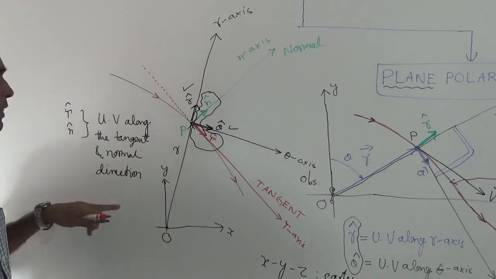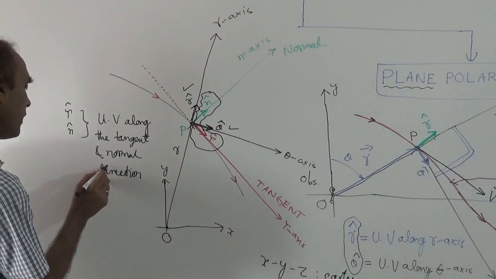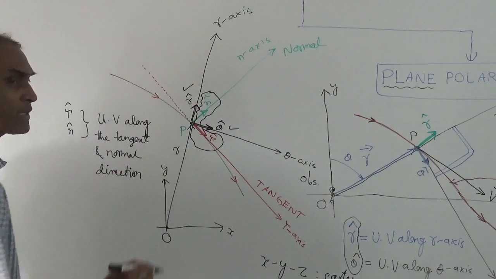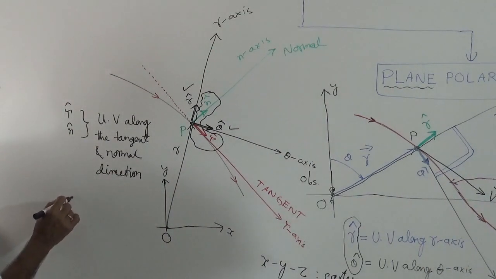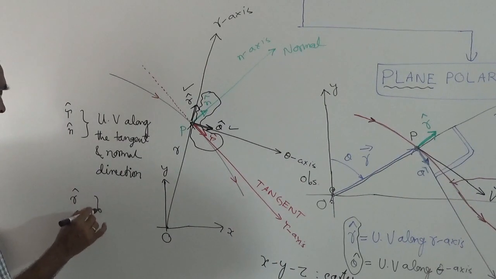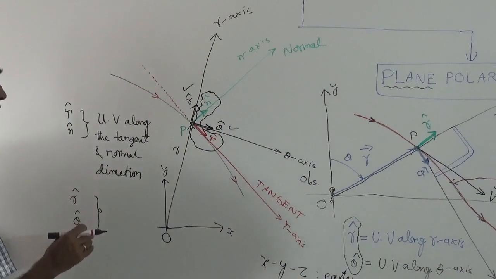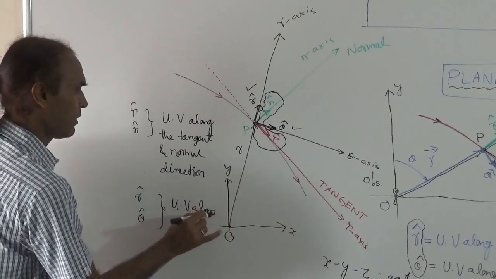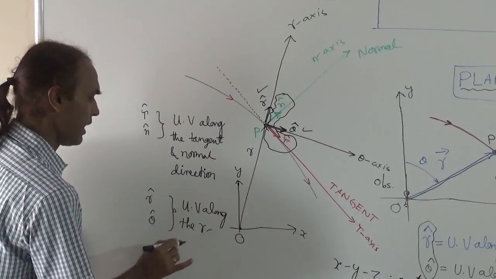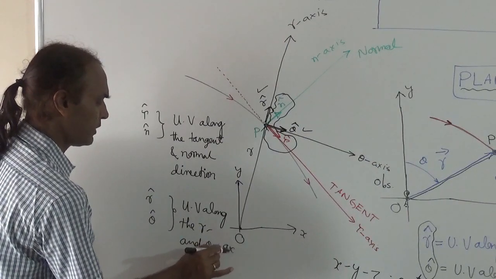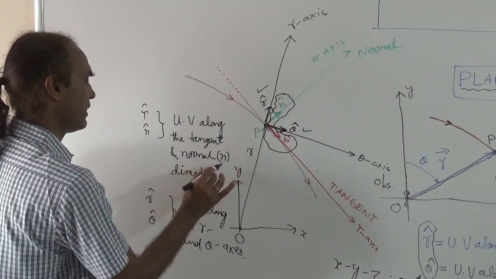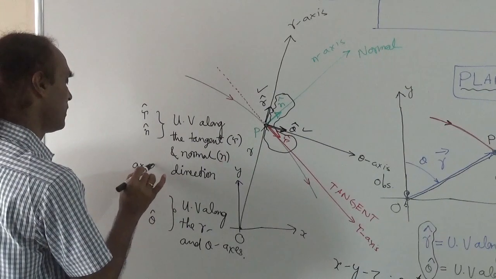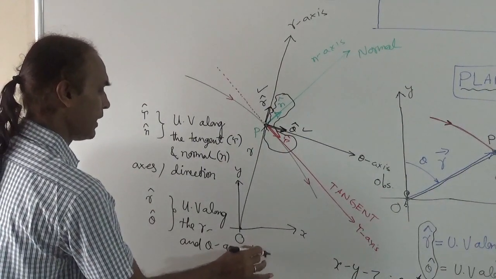All these things I will tell you again in the forthcoming video in the chapter of kinematics of a particle in a curve. And r cap and theta cap are the unit vectors along the r and theta axis, and n and tau are the normal and tangent axis or direction, same thing.